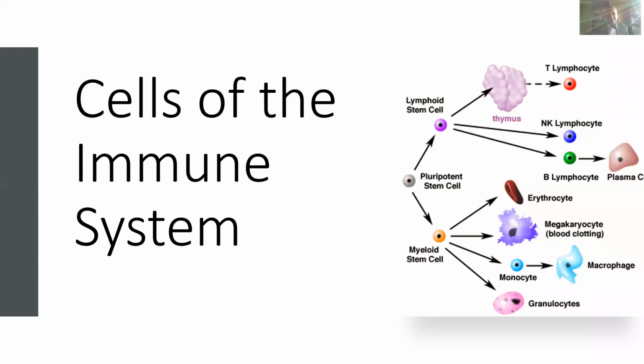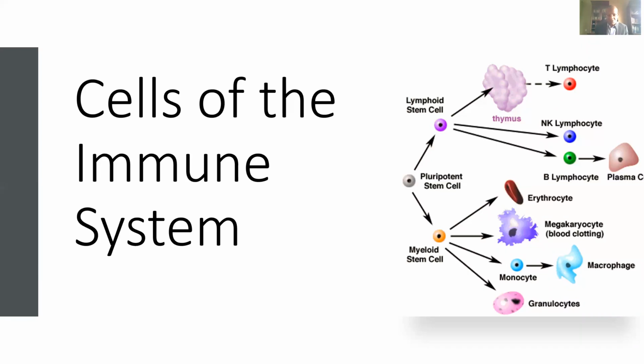That's capacity number one. Now, the second capacity is that they have the capacity to form different cell lines. And once they commit into making different cell lines, they lose the capacity for self-renewal.